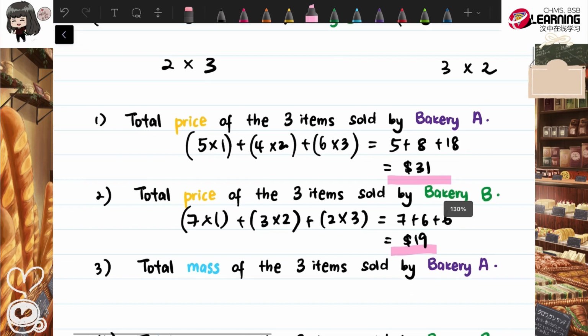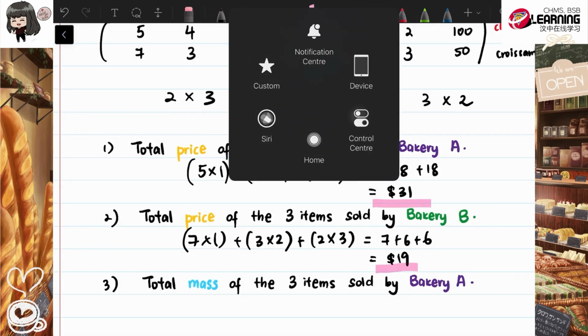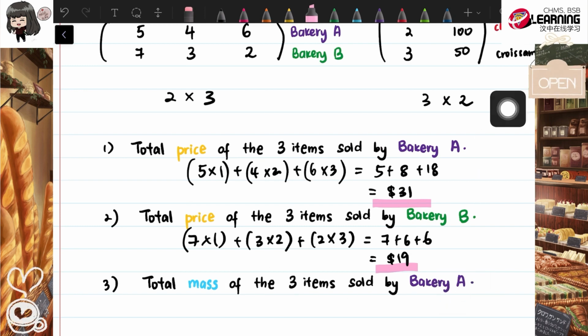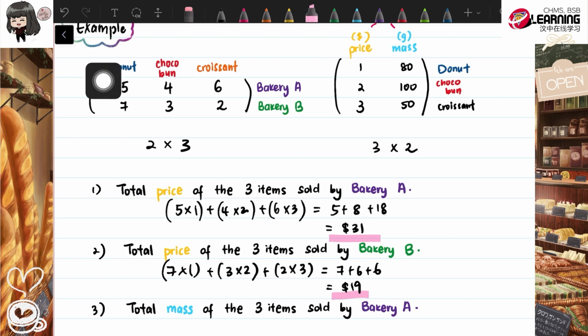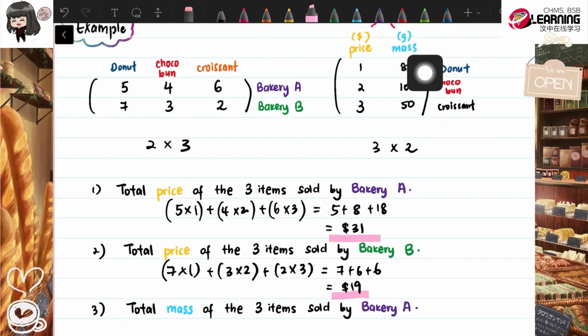Okay, so how about the total mass of the 3 items sold by bakery A? Again, bakery A sold 5 donuts, 4 choco buns, and 6 croissants, and the mass for each donut, choco bun, and croissant in grams is respectively 80, 100, and 50.